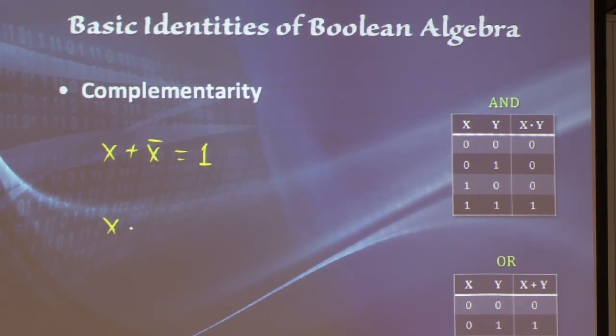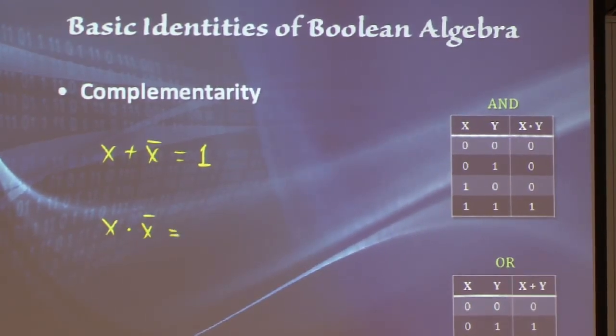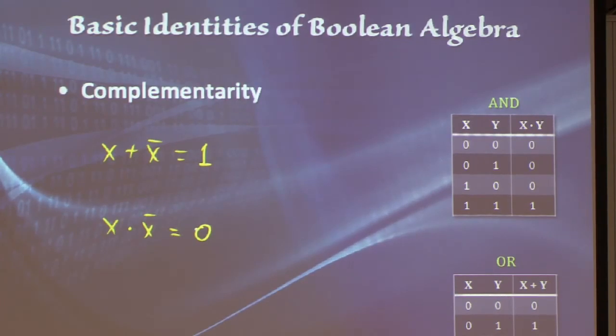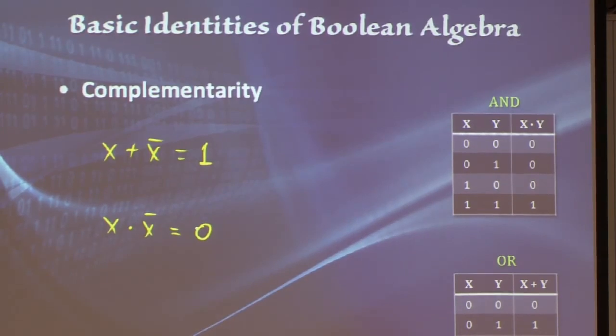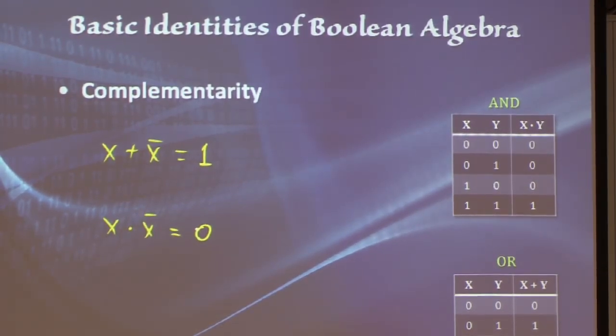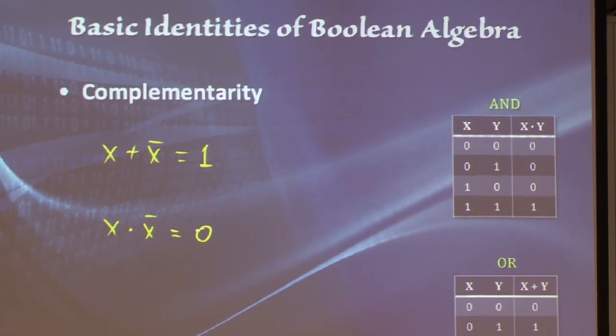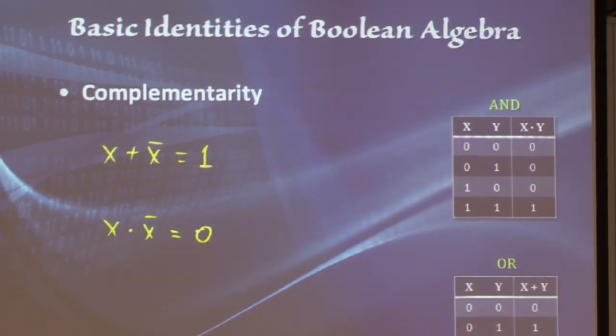On the same token, anything ANDed with its complement will be a 0. Because one of them, either x or not x, will have to be a 0. And then, as we saw before, anything ANDed with a 0 will result in 0. So this comes up pretty often when you have a variable ANDed with its complement, and you can just cross the whole thing out because you get a 0.